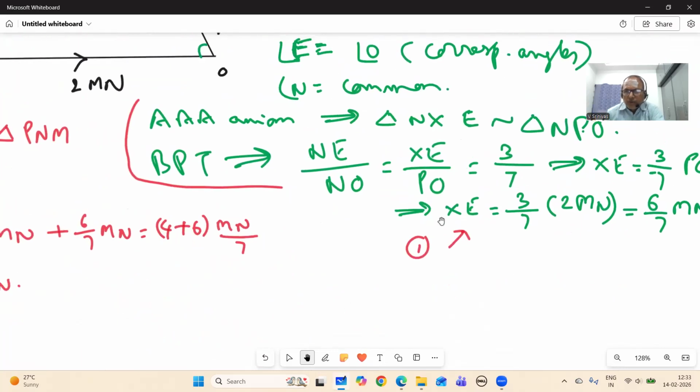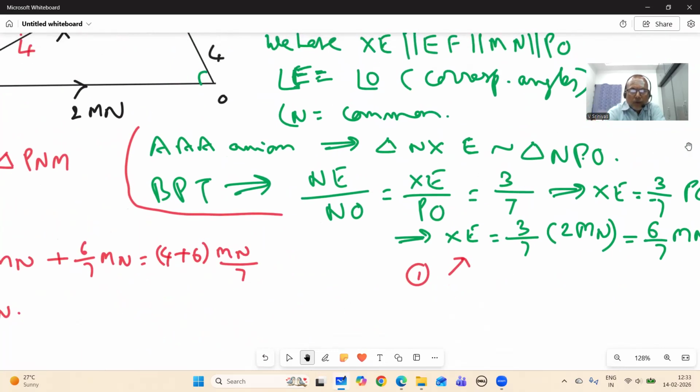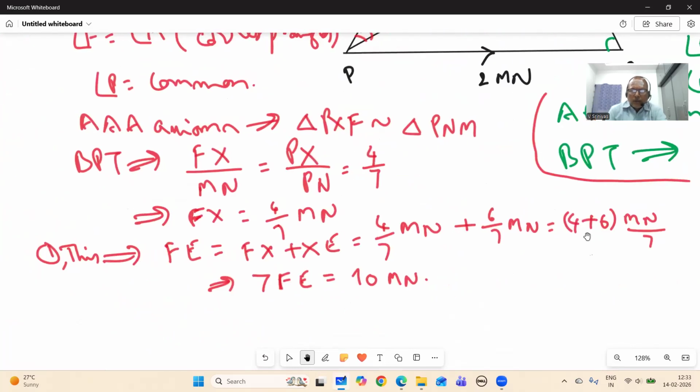MN is common, 1 by 7 is common. So into 4 plus 6. 4 plus 6 is 10. Do cross multiplication. 7 comes here. 7 times FE is 10 times MN. This is what is asked to prove. Okay. So this completes.